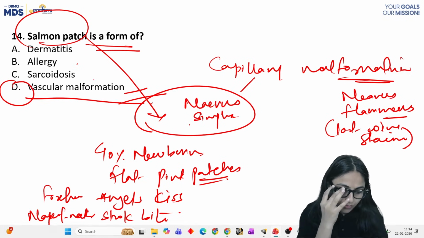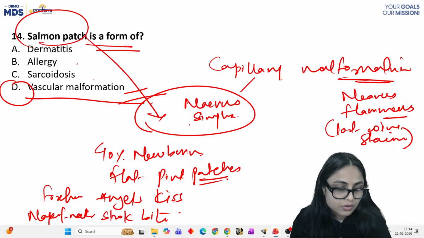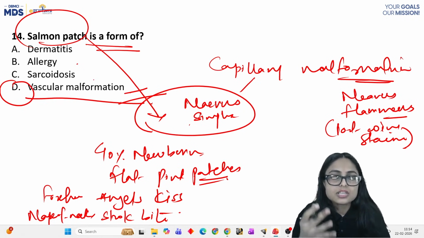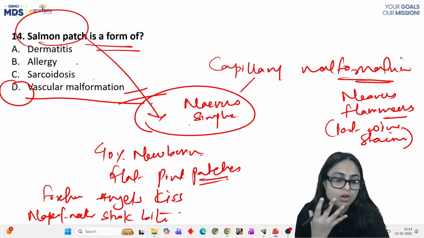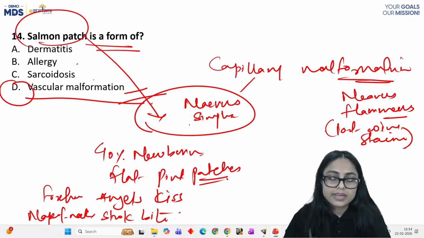Now nevus flammeus is a port wine stain. This is basically a large flat patch of purple or dark red in color. You must have seen port wine stain in Sturge-Weber syndrome, correct?